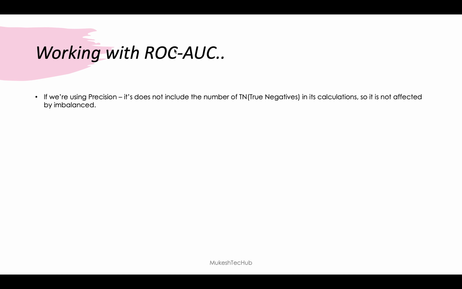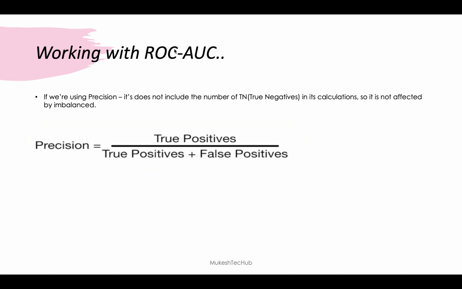Now let me clarify what it means that precision does not accept any true negatives. If you look at the precision formula, it says true positive divided by true positive plus false positive. So it's not accepting any true negative. What does that mean? False positive is the type 1 error.